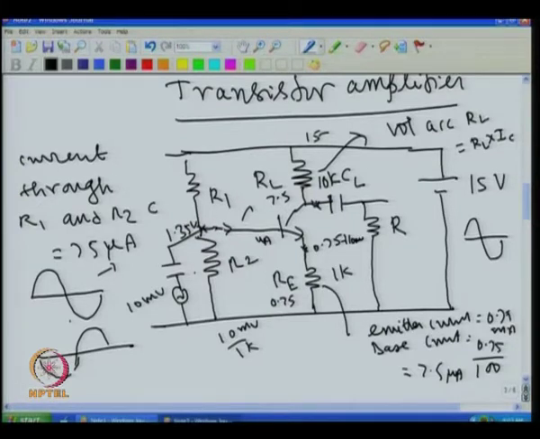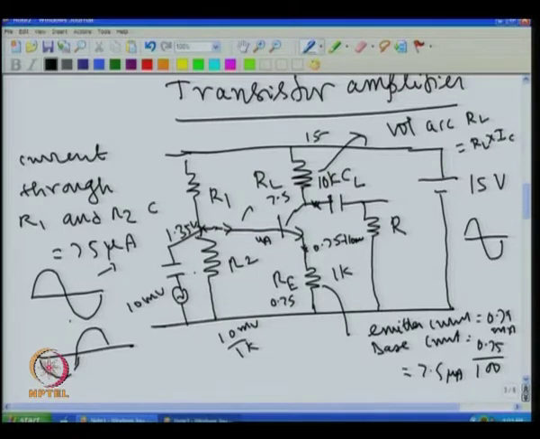Once this is fixed at 7.5, I know the current through this, I know the resistance value, then I will fix this voltage, that is 0.75. Once this voltage is fixed, I will estimate the current here, then I will keep 10 times more current through this. So, you know the voltage at this point, you know the current through this, then you can select R1 R2. So, that is about the transistor amplifier.